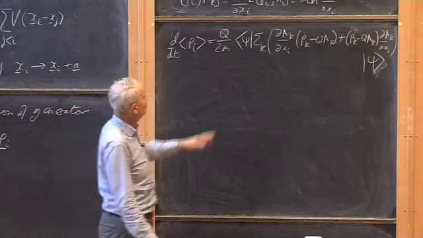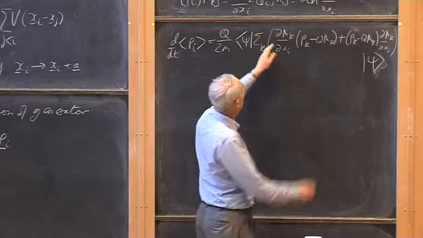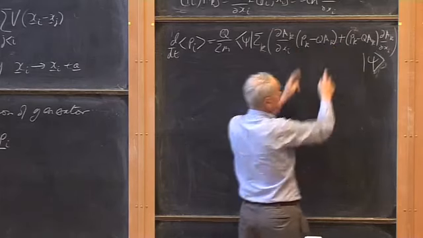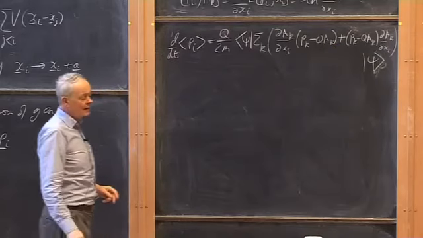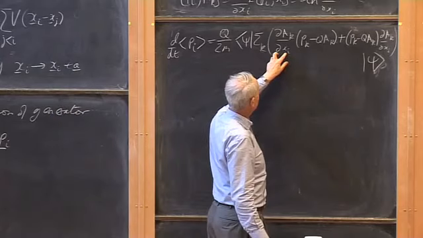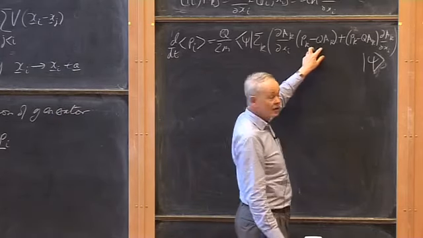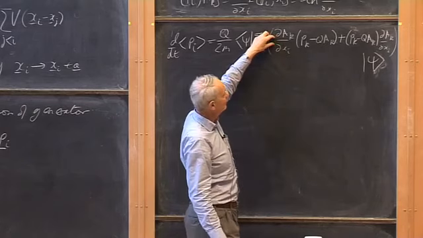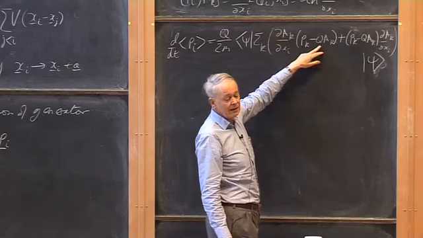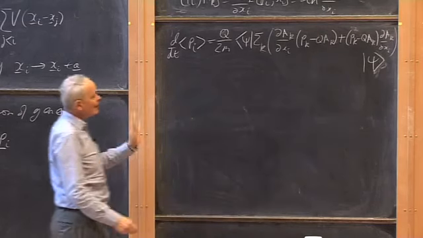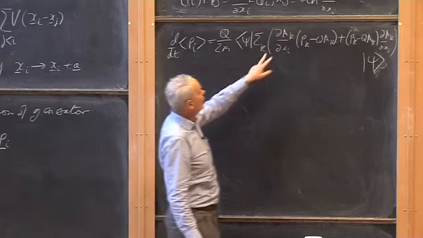The issue here is that I have to take the expectation value of a product of one operator on another operator. And such an expectation value is not automatically the same as the product of the expectation values, because fluctuations in this operator may be correlated with fluctuations in that, sort of quantum fluctuations.